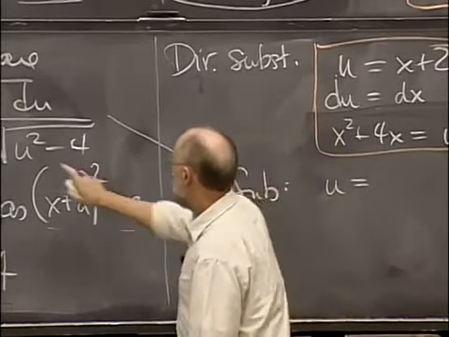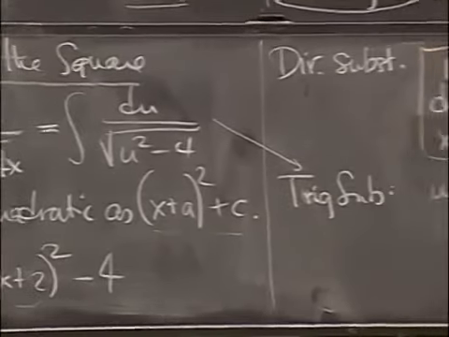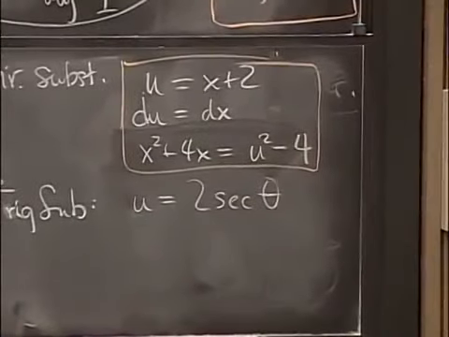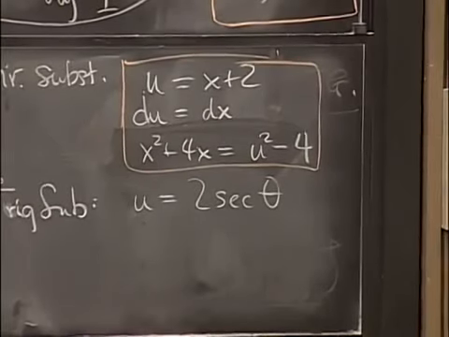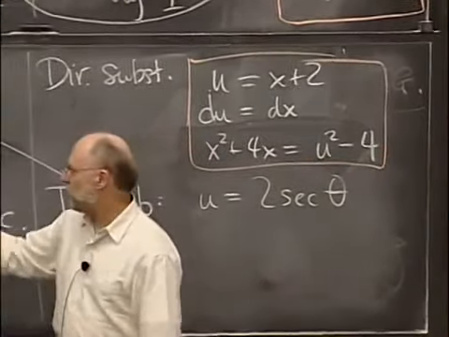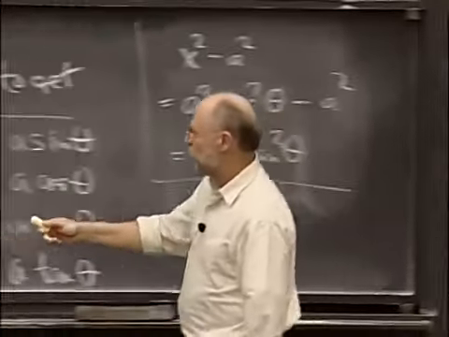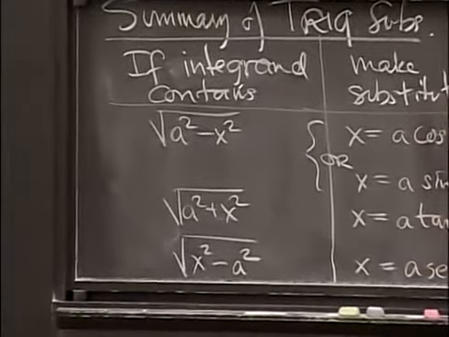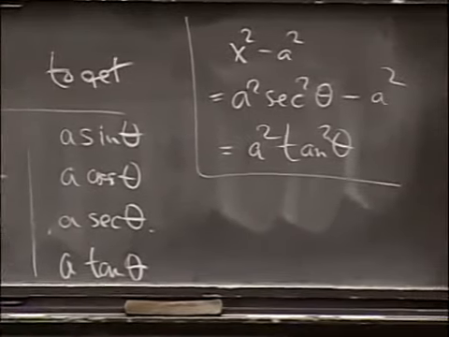I should take u equal to 2 secant, and then some letter I haven't used before, and theta is available. Okay? This is a lookup table process. I see this square root of u squared minus 4. I see that that's of this form. I'm instructed to make this substitution, and that's what I just did. Let's see how it works out.